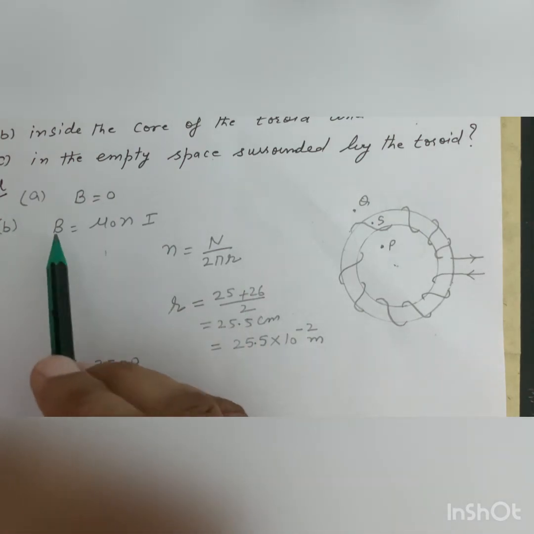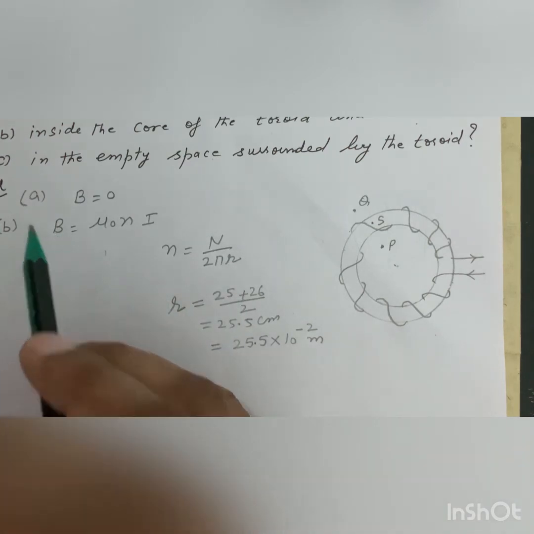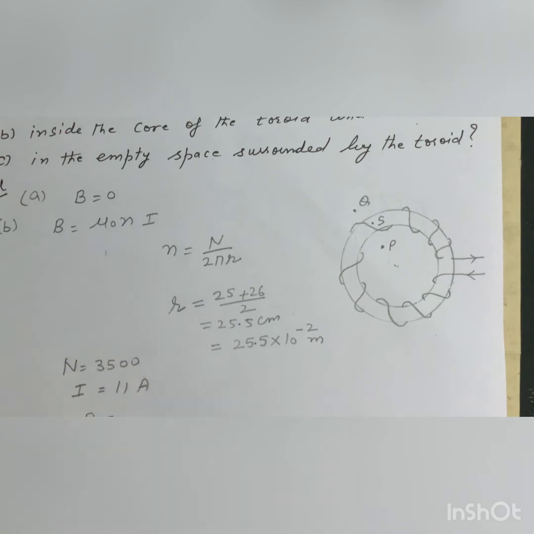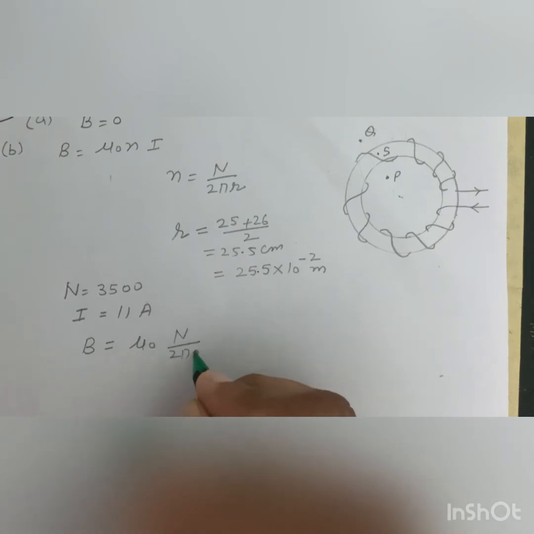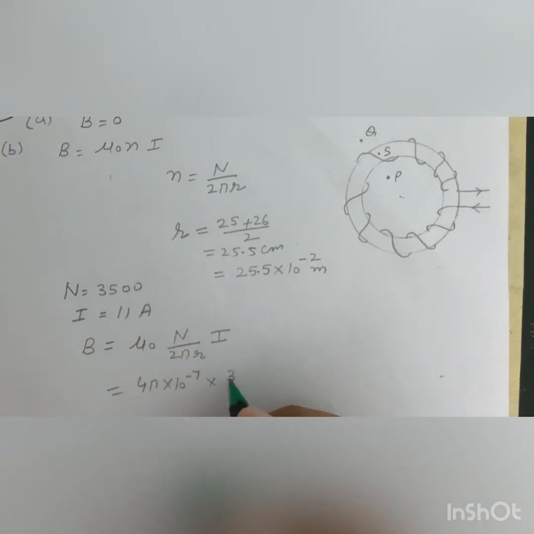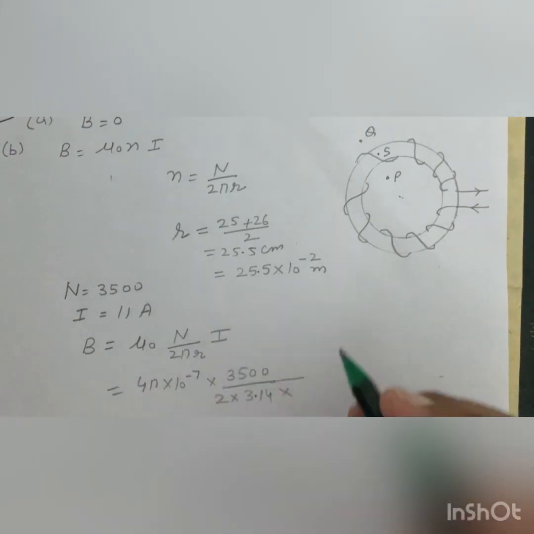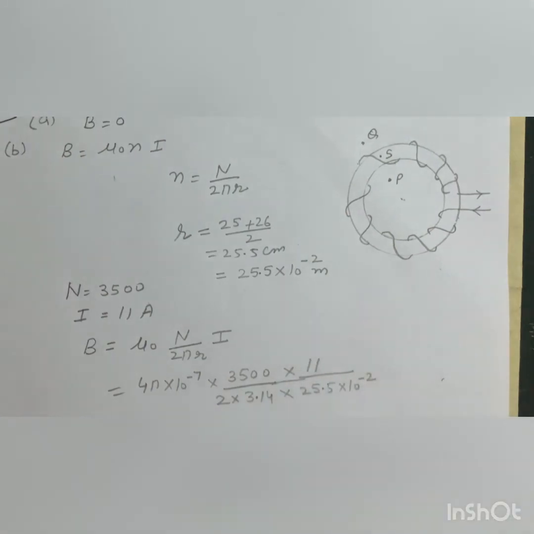So we put the values of N and R in B. Here we have B equals mu naught N over 2 pi R, times I. Mu naught we know, 4 pi into 10 raised to power minus 7, and 3500 is given. 2 into pi, 3.14, R is 25.5 into 10 raised to power minus 2, and I is 11 ampere.